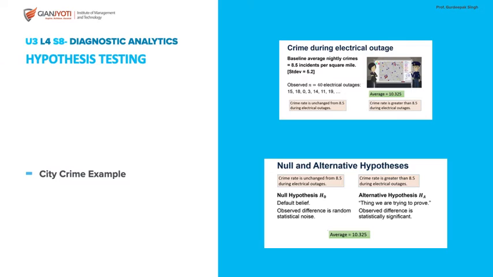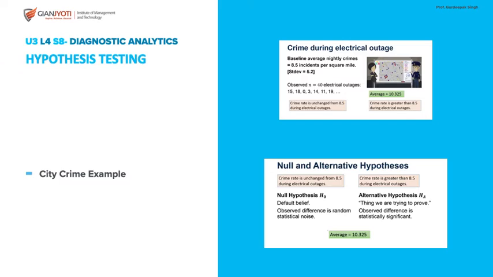So in the hypothesis, you have to have one null hypothesis and one alternative hypothesis. We generally call the null hypothesis H0 and the alternative hypothesis H1 or HA. So the null hypothesis is that the crime rate is unchanged from 8.5 during electrical outages.